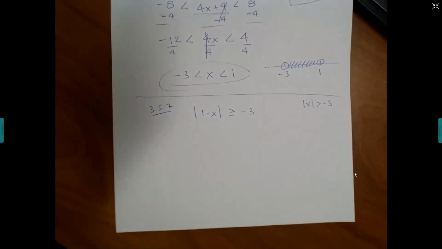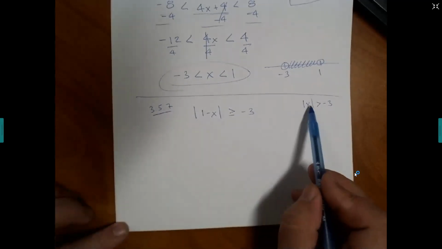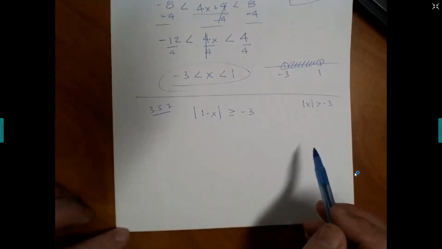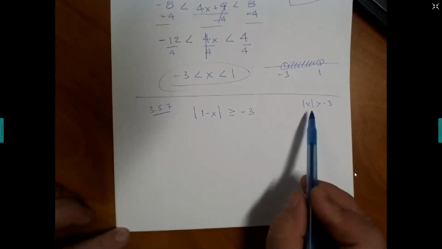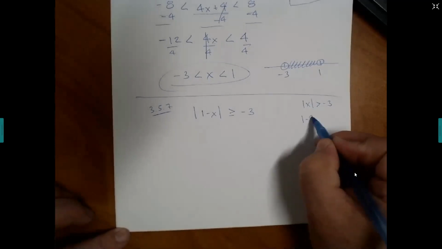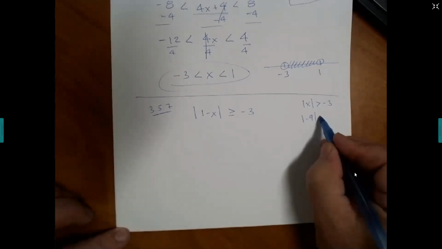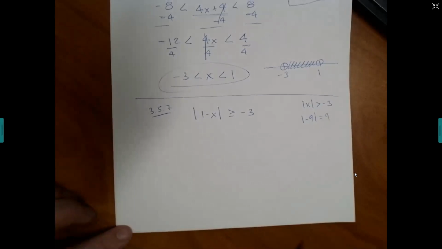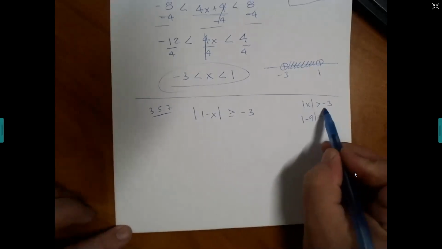No, I mean this is just observation. No calculations. Just anything you put in there, what happens when you take the absolute value of it? It won't be negative. It'll always be positive. If I put a -9 in there, the absolute value of -9 is 9. Every positive is bigger than -3.